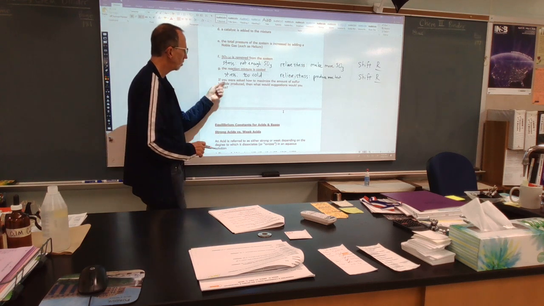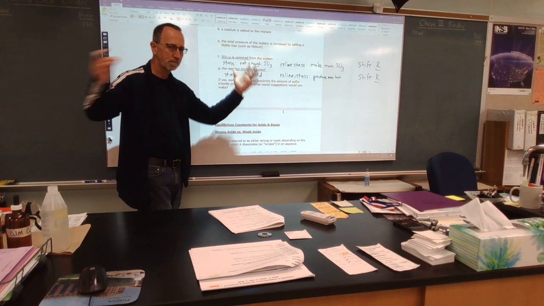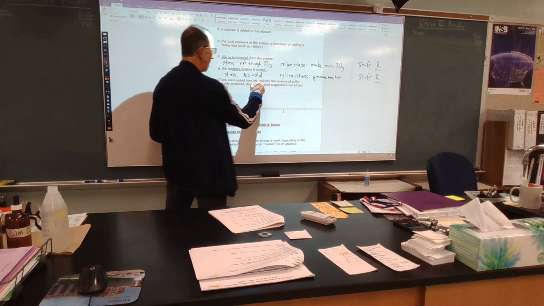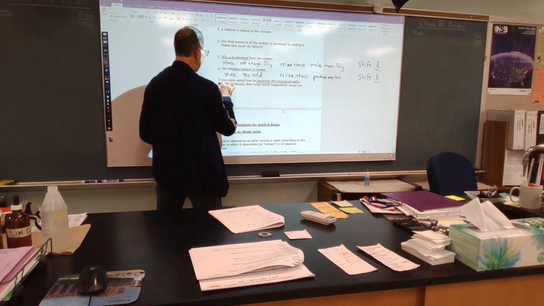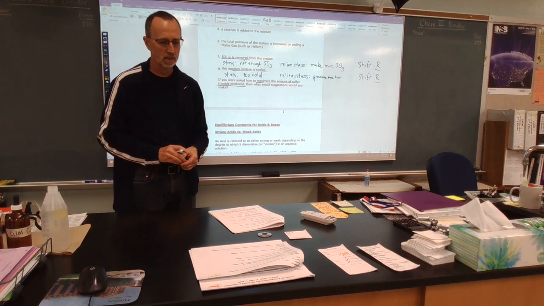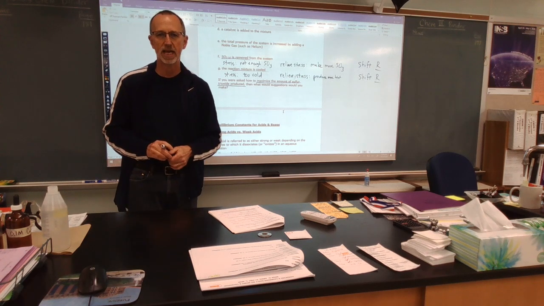All right. And then finally, this kind of puts everything together now. If you were asked how to maximize the amount of sulfur trioxide produced, then what suggestions would you make?